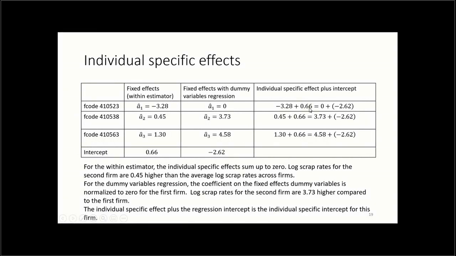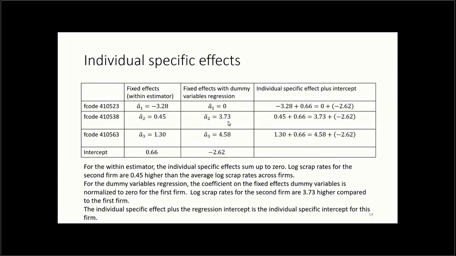For the second firm, this coefficient plus the intercept would be equal to this plus this. And for the third one, this plus this would be equal to this plus that. So basically, we just have different normalization, because these sum up to 0, but this one is normalized to 0 just for the first one. But you can obtain one of them from the other very easily.